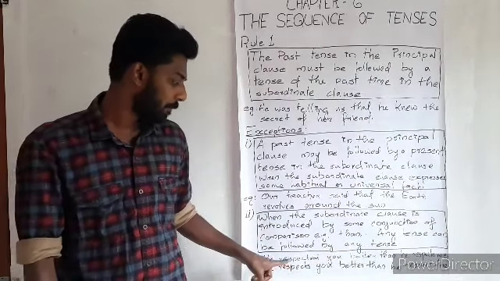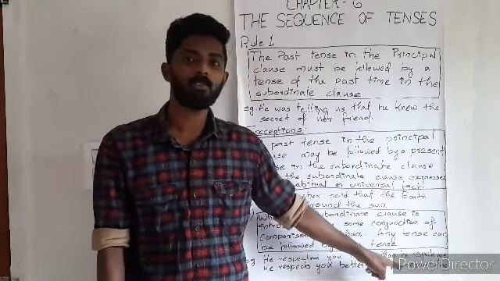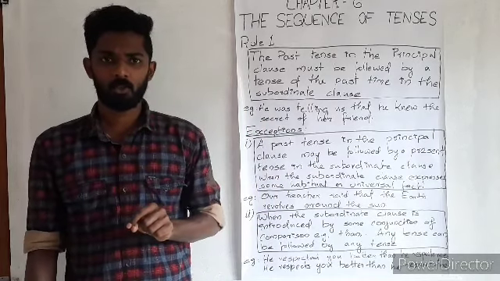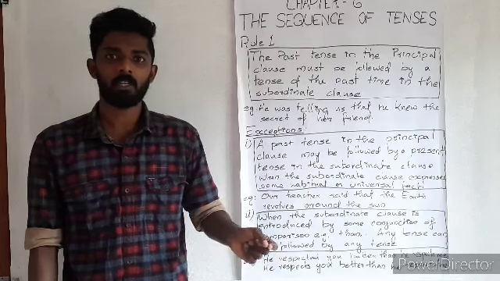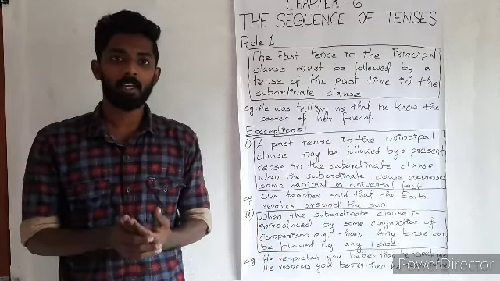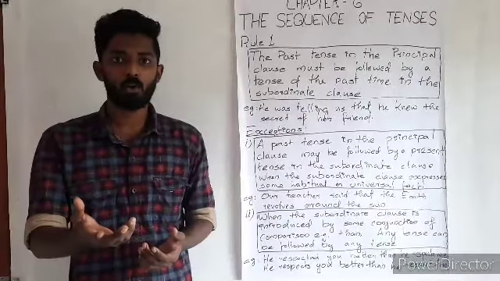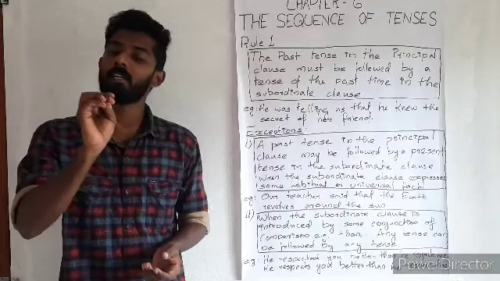Here it is a present tense, and in the subordinate clause it becomes a past tense. So even if there is a past tense in the principal clause, it may be followed by any tense required by the sense in the subordinate clause when the subordinate clause is introduced by than.